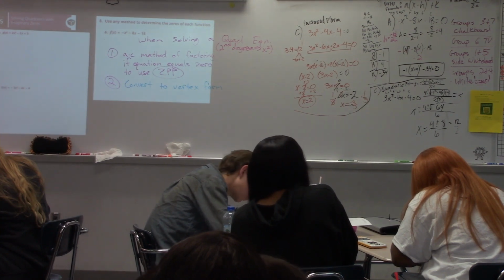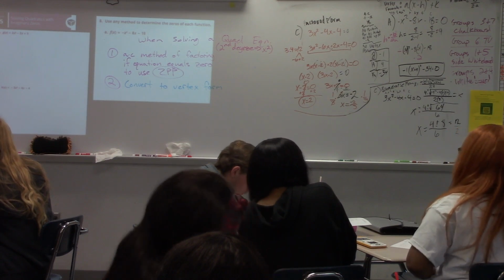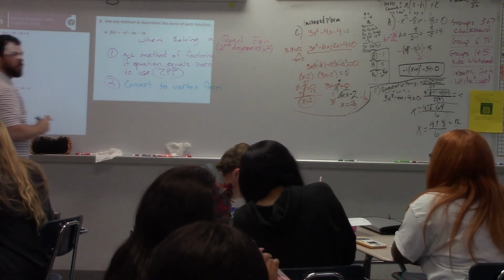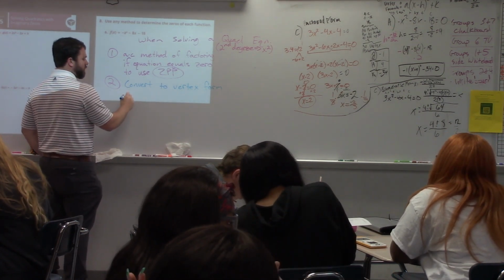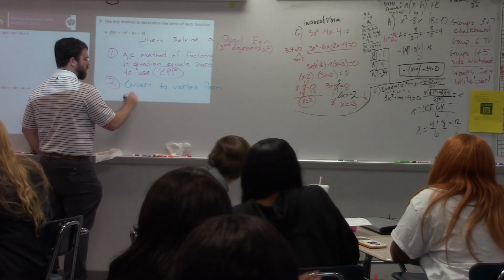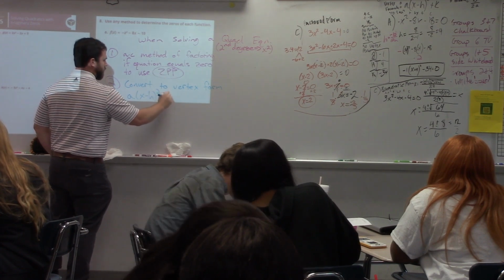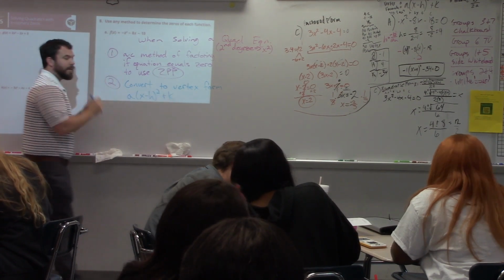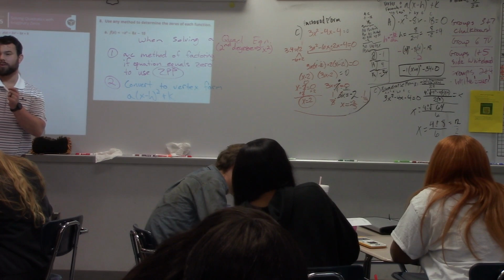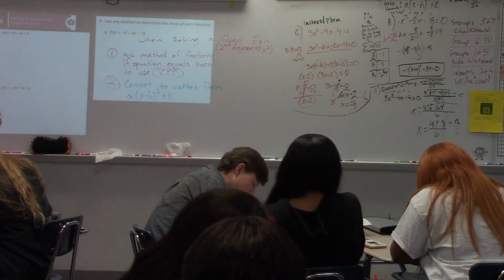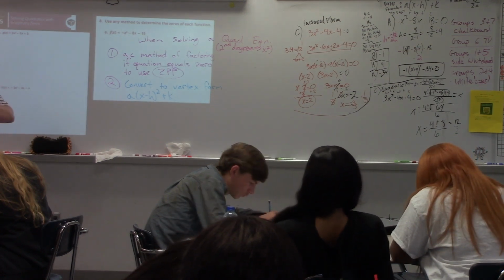Because there's a whole lot of stuff you would have to memorize if you want to just memorize it all the way through. Big picture, what do you want to write down if you're converting to vertex form? Vertex form, right? Which is? And that should be your driving force to think through, how am I going to convert to vertex form?